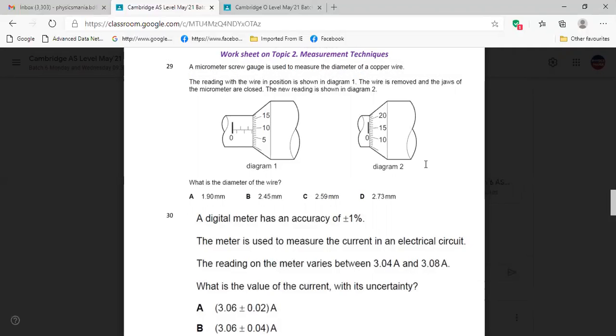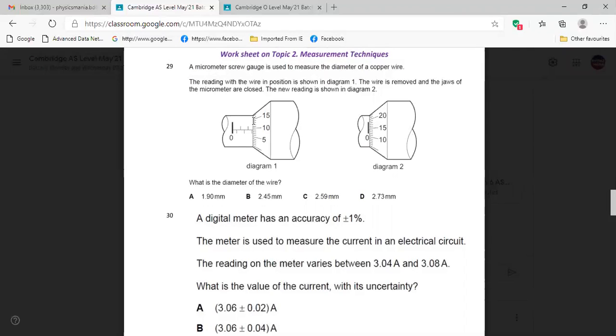Yes, sir. So for this reason, we can say this micrometer is faulty and it has some zero error, isn't it? Yes, sir. So when a micrometer has zero error, it shows some reading in the beginning without the wire.